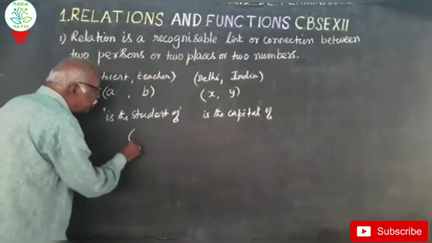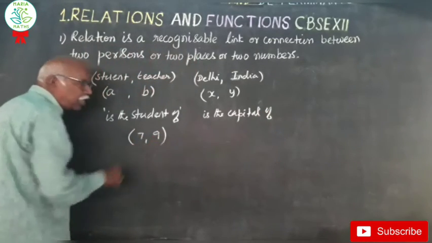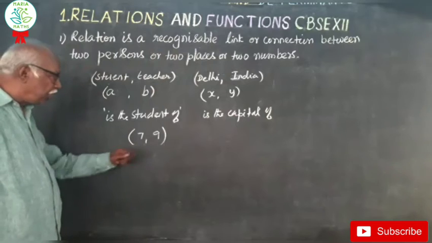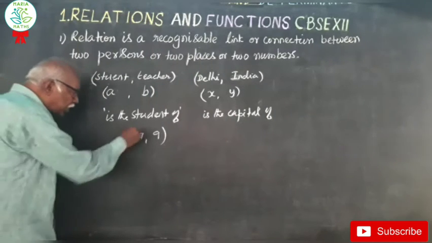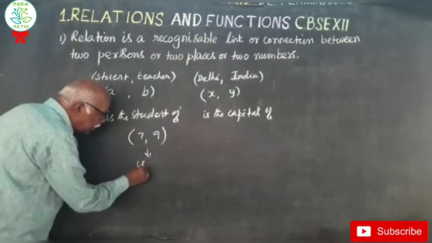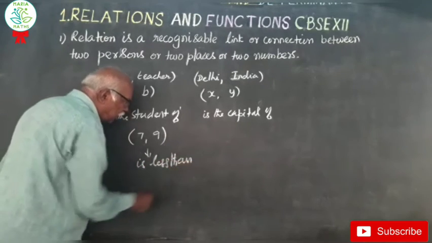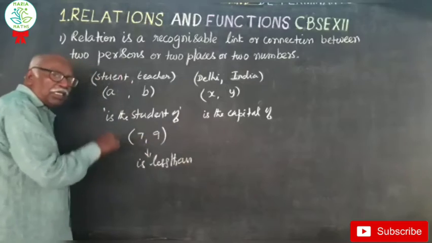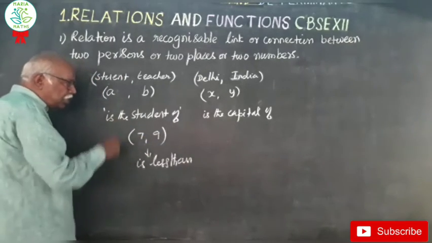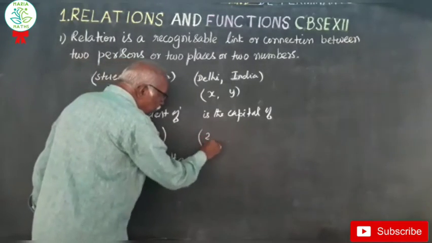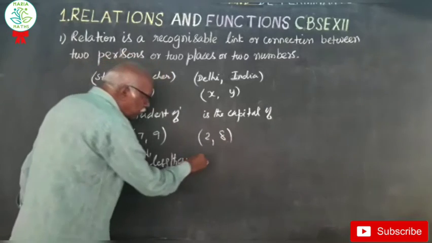Then 7 and 9 are related. What is the recognizable link? Is less than. 7 is less than 9. Then 2 and 8 are connected.